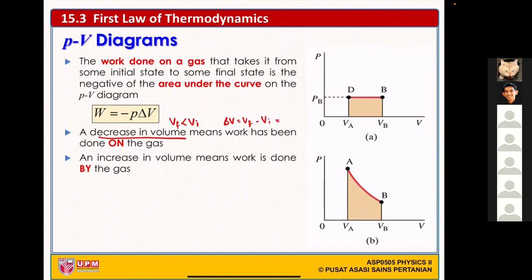Kalau V final lebih kecil daripada V initial, so the change in V dalam negative value. Jadi bila dalam negative value, kita multiply dengan negative P, so kita akan dapat work dalam positive value.